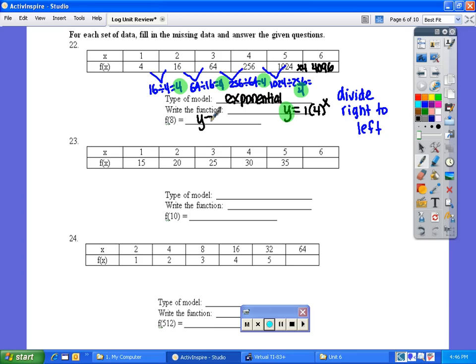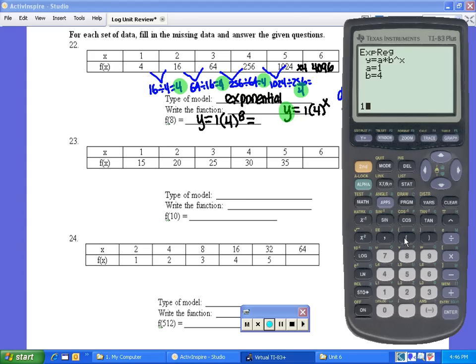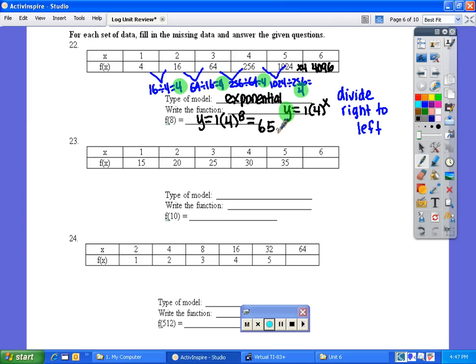The last thing is to do f of 8. So that's 1 times 4 to the 8th. You can just put that in your calculator, and you find out that it's 65,536.